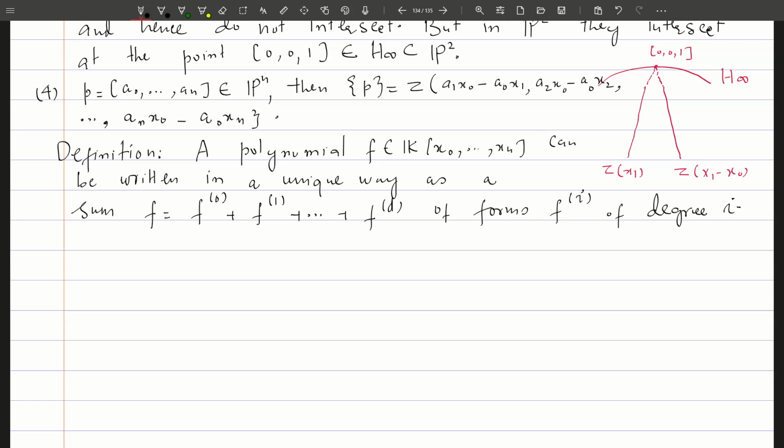So the fi is called the homogeneous component of f.